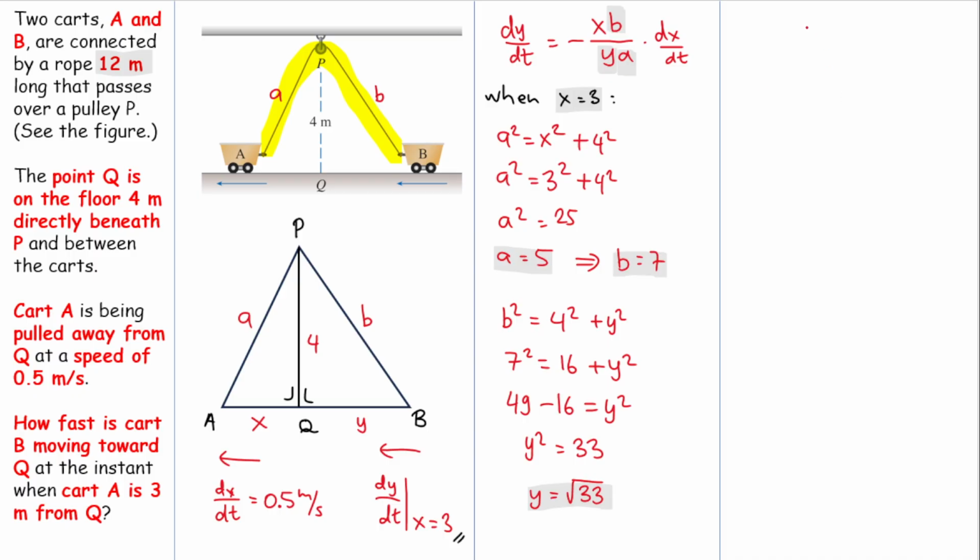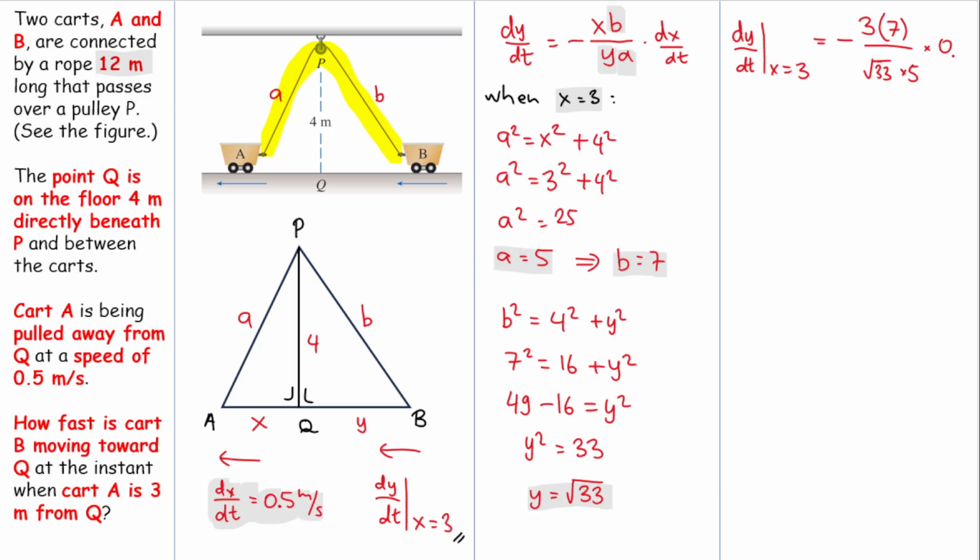So here we will have dy/dt when x is equal to 3. So I will have minus 3 here, and then b is 7, and then divided by y, which is the square root of 33, and then multiplied by a, which is 5, and then multiplied by dx/dt. But dx/dt is a constant here, which is 0.5.